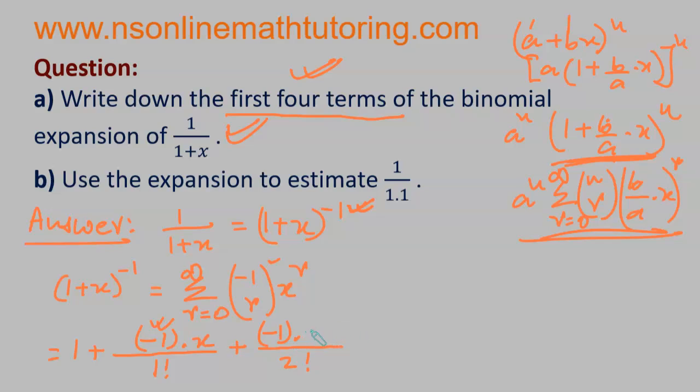So it starts with -1 and then the next factor will be -2, times x to the power of 2. Plus, this time the value of r is equal to 3. So it is 3 factorial. Okay, 3 factorial.